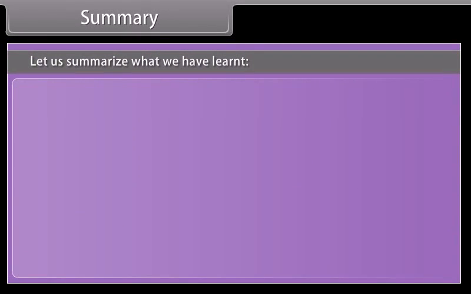Summary. Let us summarize what we have learned. If A is equal to [a_ij] of order m by n, then A dash, or transpose of A, is equal to [a_ji] of order n by m.